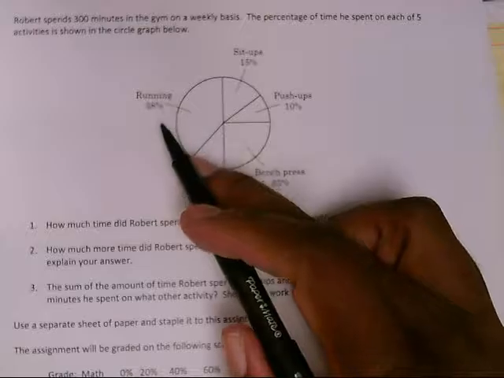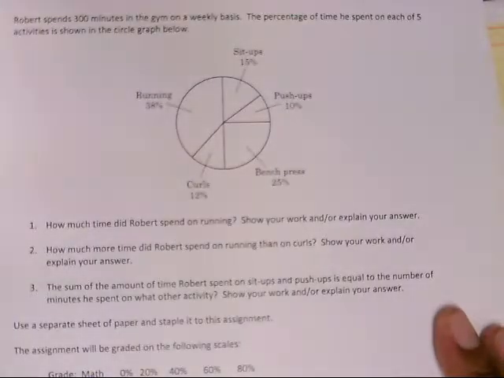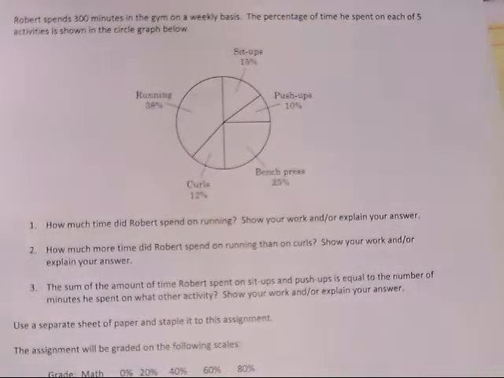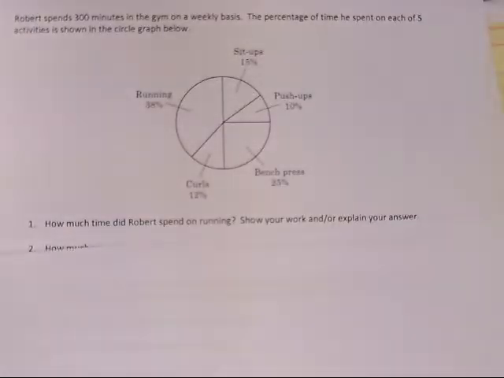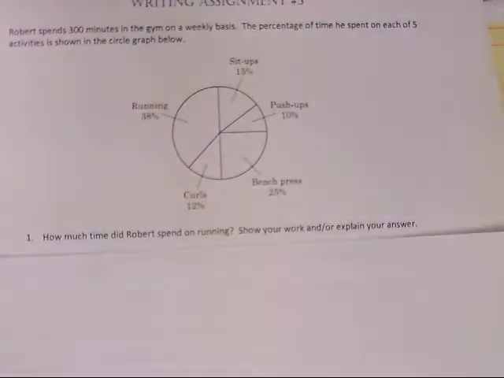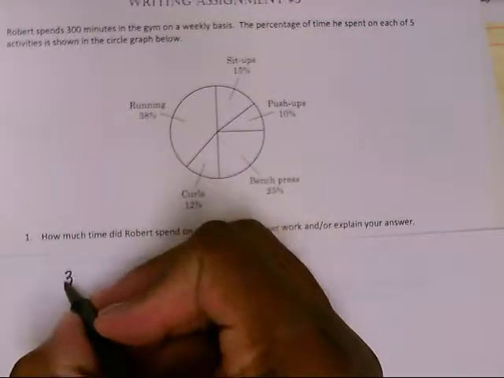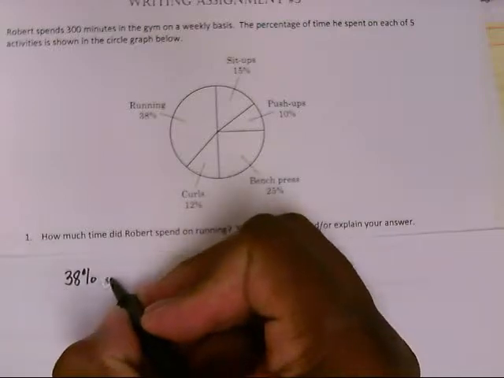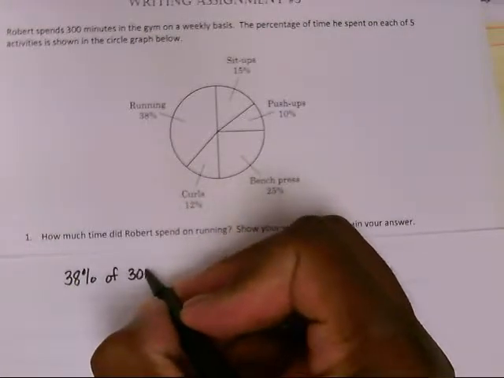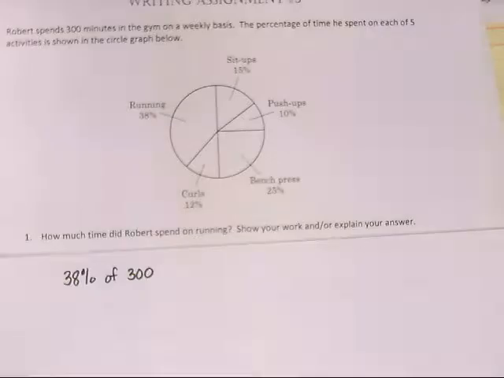So we're looking for 38% of 300. And we want to know how much of that is spent on running.